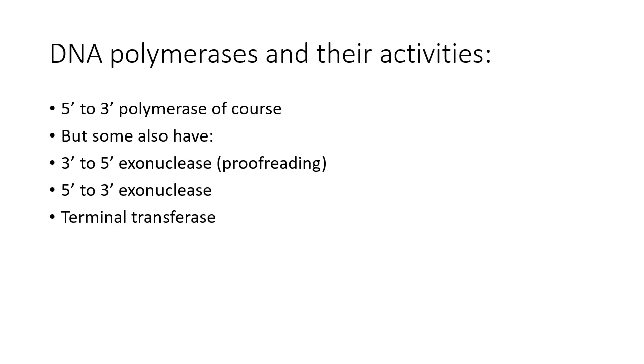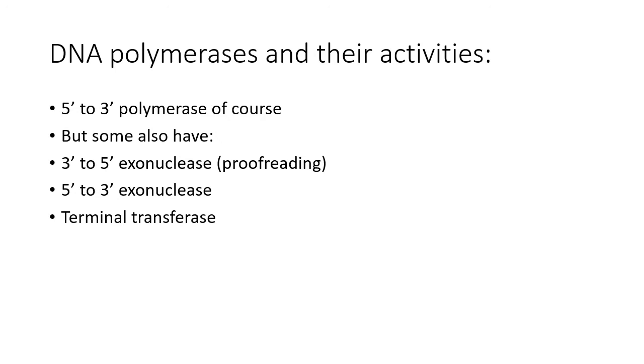Okay, so before we go on to PCR, I want to talk a little bit about the various DNA polymerases and their activities. The defining characteristic of DNA polymerases, of course, is that they have 5' to 3' polymerase activity, which means that they're moving along a template, adding on to 3' ends, and extending from their own 5' end towards the 3' end. So everybody has that.